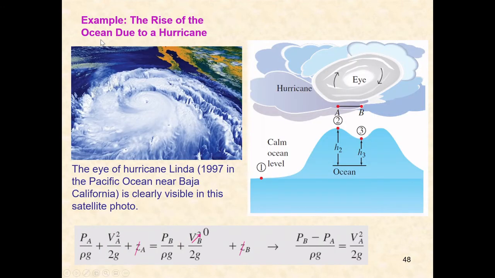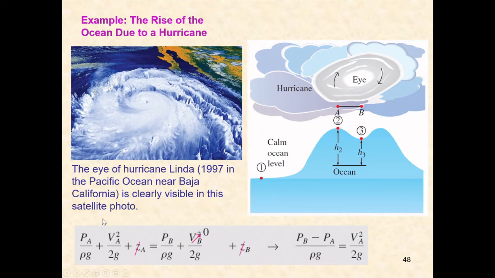So here is an example of the rise of the ocean due to a hurricane. The eye of Hurricane Linda in 1997 in the Pacific Ocean near Baja, California, is clearly visible in this satellite photo. So we're trying to use the Bernoulli equation to explain this hurricane phenomenon.